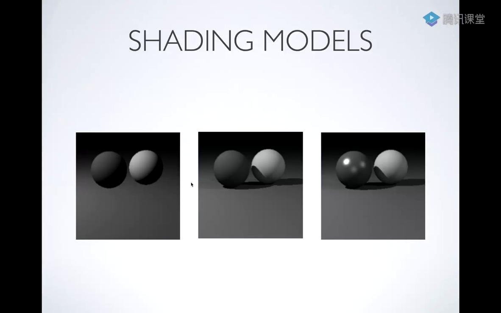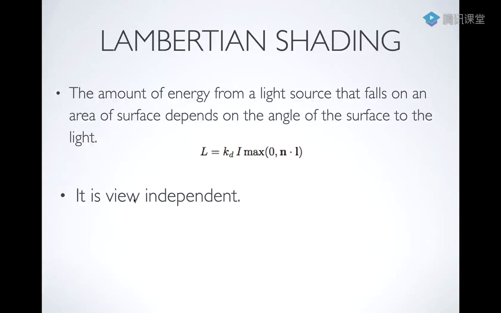So with these three, we can get a realistic static image: roughness, ambient and shadow, specular. So how do we go from here to here? Let's look at roughness first.